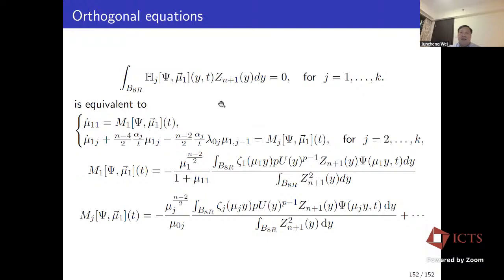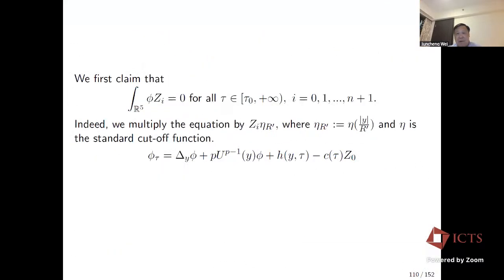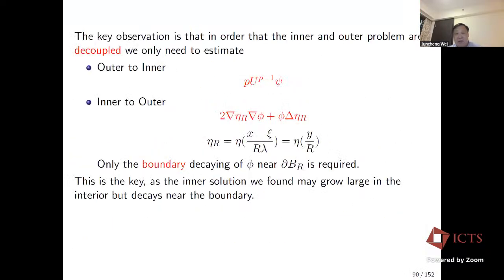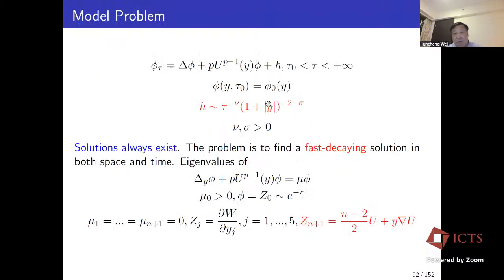So what I discussed today is the L2 case for the parabolic problem, and I use dimension 5 as the example and the main problem. We do the inner-outer gluing, and we find the outer-to-inner and inner-to-outer maps, and we just need to find a solution for the inner problem with fast decay in time and fast decay in space.